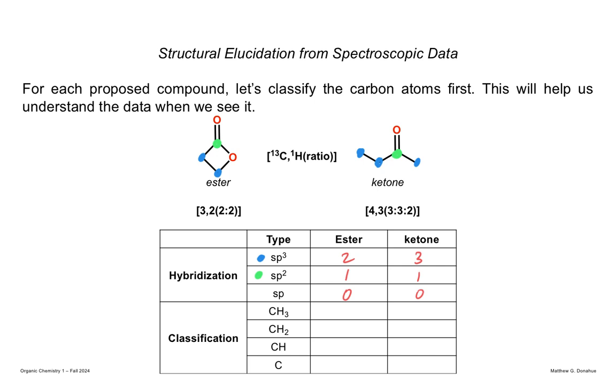Now for attached hydrogens, the ester has no CH3 groups. It has 2 CH2 groups, 0 CH, and then it has that carbon with no hydrogens.